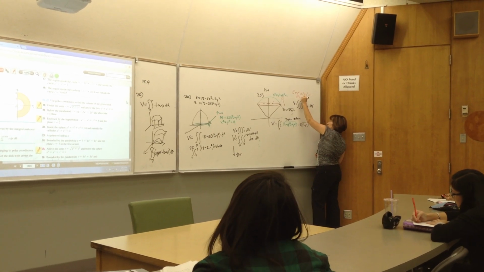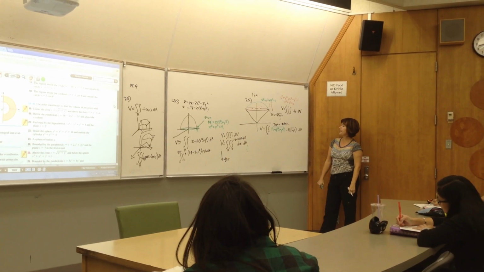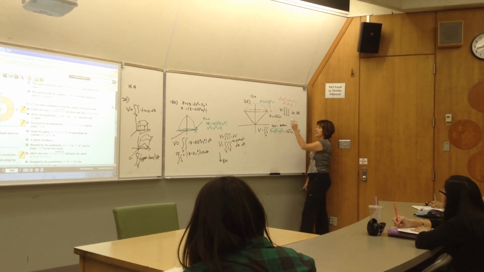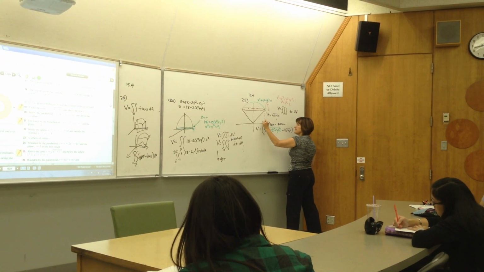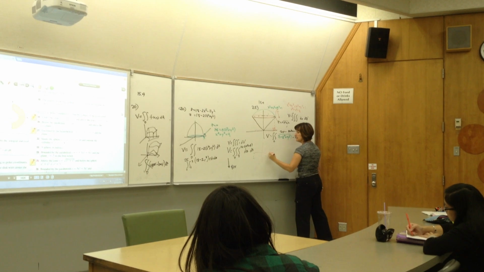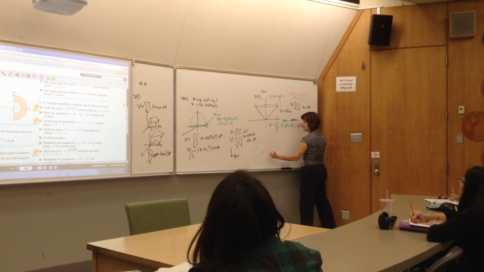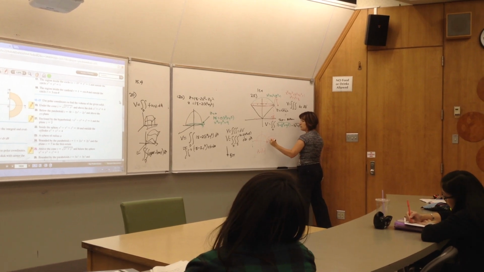So x squared plus y squared is 1/2. Okay, so I get the circle of radius square root of 1/2. That's my D. My D is x squared plus y squared equals 1/2.